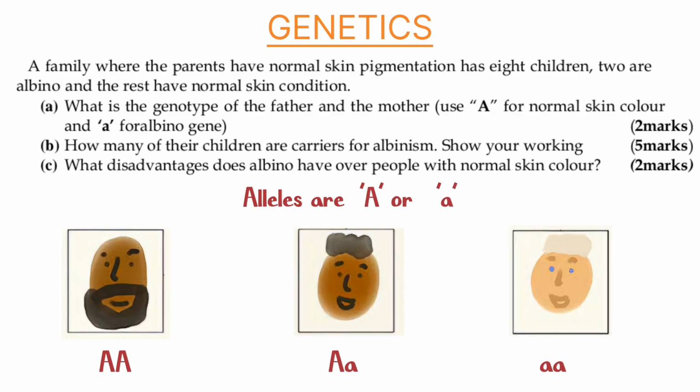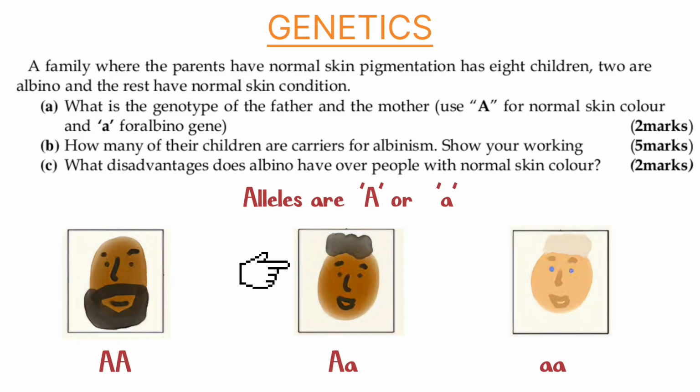Now, individuals that have 2 dominant alleles, AA, or those that have 1 dominant allele and 1 recessive allele, capital A and a small a, are going to have normal skin pigmentation. Normal skin, okay? But something for you to note. Individuals that have the genotype Aa are heterozygous.